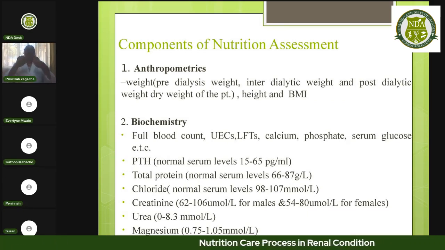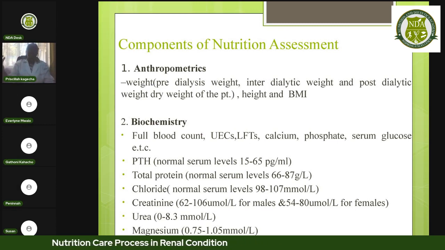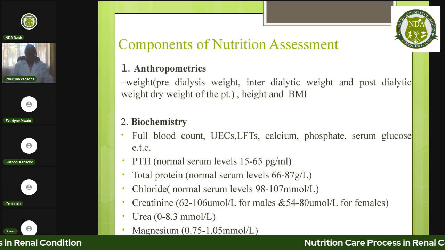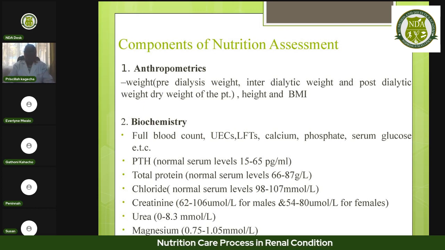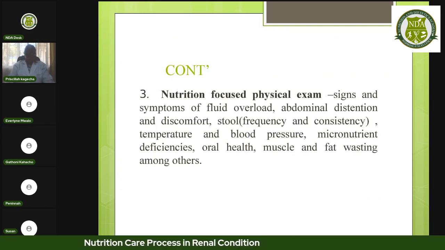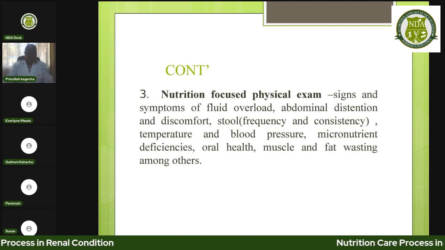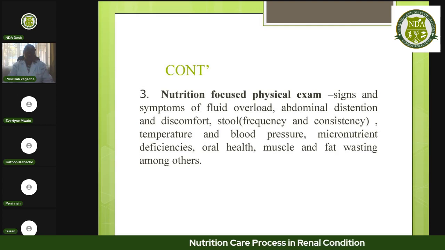You may want to look at the tongue. How is this patient? The eyes, are they pale? So it is good to do the nutrition focused physical exam, since it will guide us in diagnosis, and also in other components of the nutrition care process.